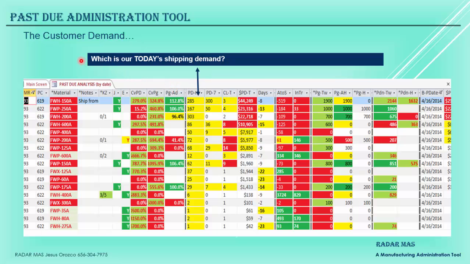What is our today's shipping demand coming out of our distribution center, what is our 7 days shipping demand coming out of our distribution center as well, the number of customer lines that we have open, and the impact in our dollars backlog, which is the aging of these lines in our past due.